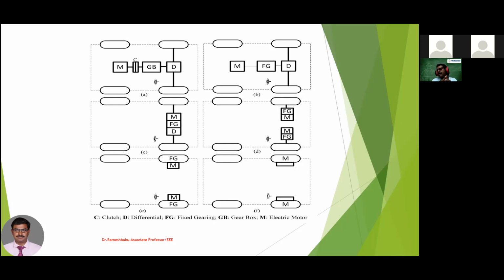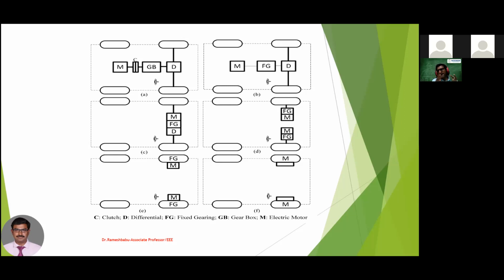So the first one is the front axle or front wheel driven system. Here you can see there is a motor, clutch, gearbox, and differential. The other things you all know very well.